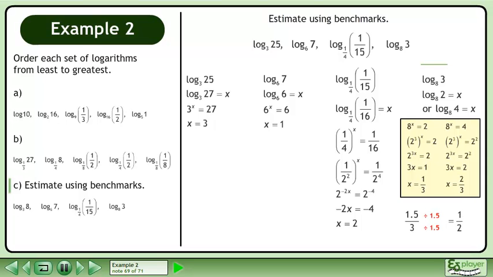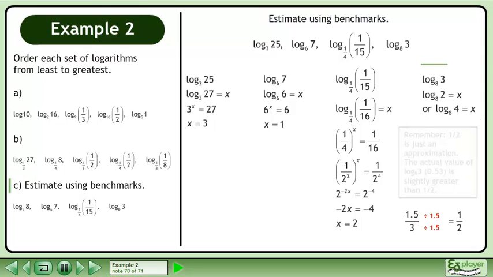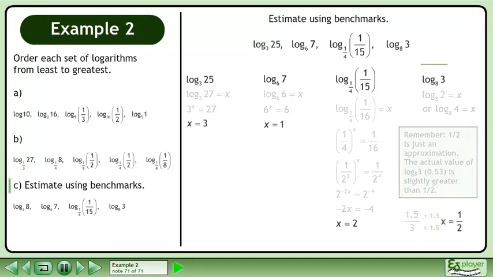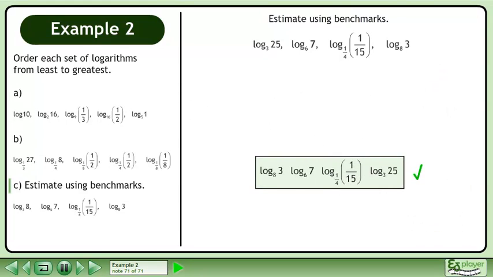Reduce the fraction to get 1/2. Remember, 1/2 is just an approximation. The actual value of the base 8 logarithm of 3, 0.53, is slightly greater than 1/2. And finally, we order the logarithms from least to greatest.